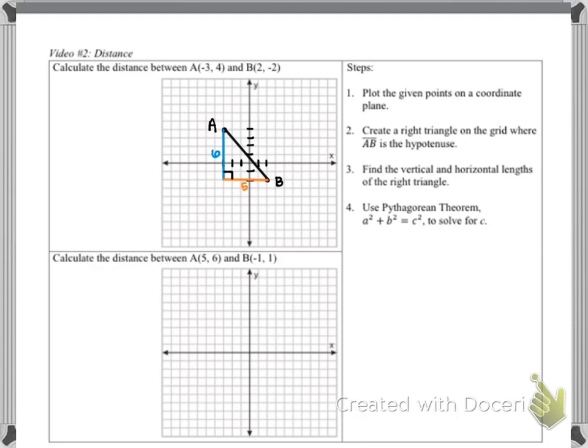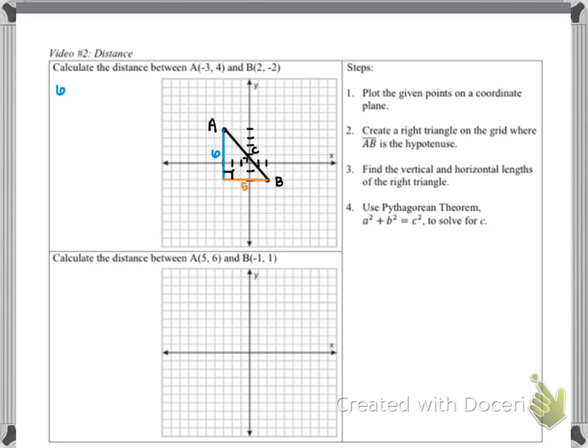What I'd like to do is find the length of the black line segment. Since the black line segment is directly across from the right angle, I know that in the Pythagorean theorem that's going to be identified as C. So I'm going to take my 6 and my 5 as the legs and plug them into the Pythagorean theorem.